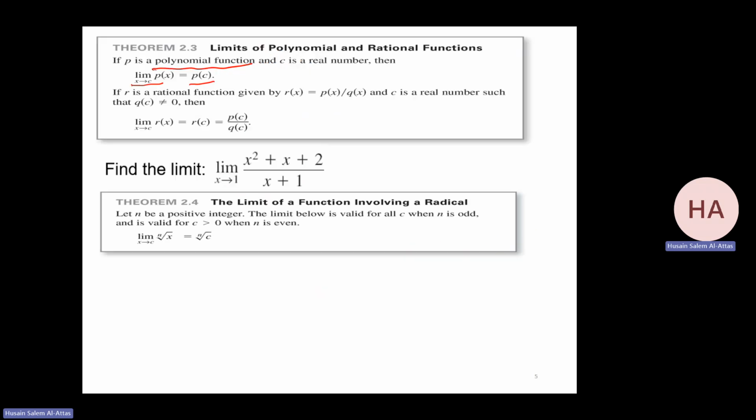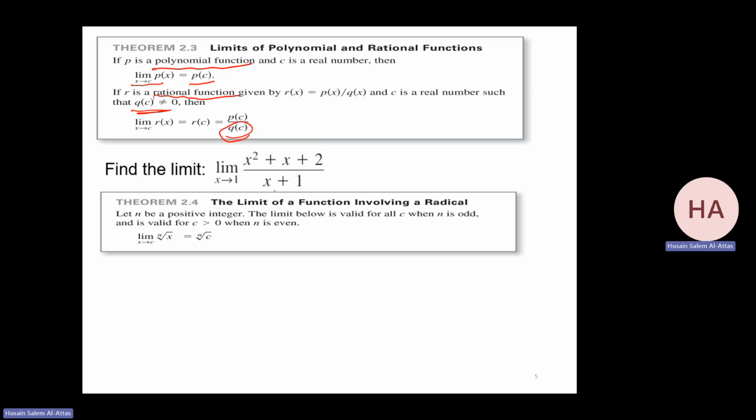Okay. Actually, if I have a rational function, and c is in the domain of that rational function, so g of c is not equal to 0, I need this condition. Then you just substitute. The limit is like substitution.